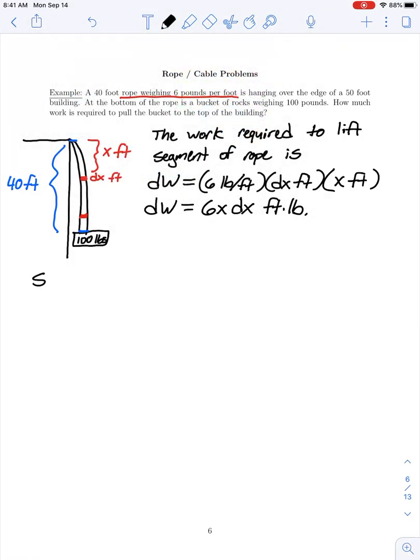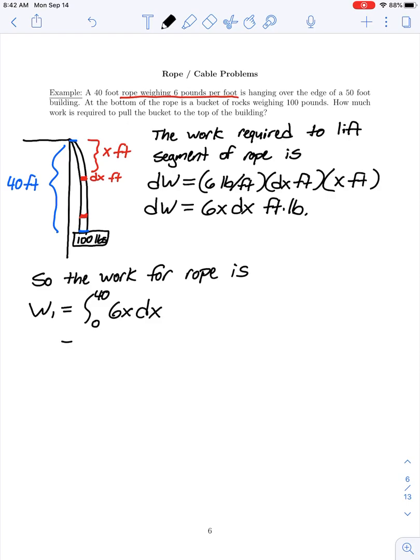So here I can say the work for all of the rope would be given by, let me label this W1 for now, the integral of this 6x dx foot-pounds from x equals 0 to 40 feet.